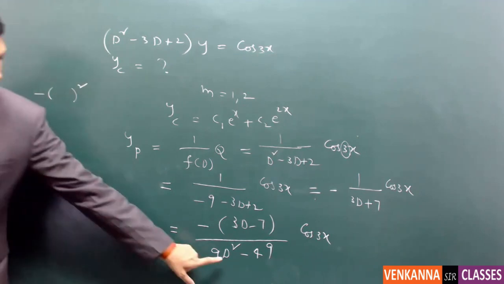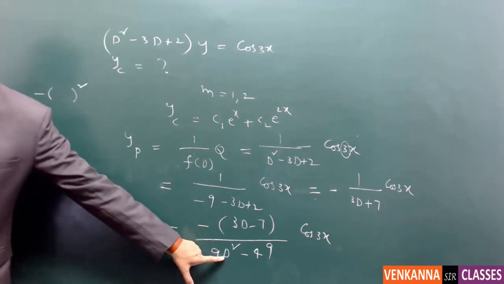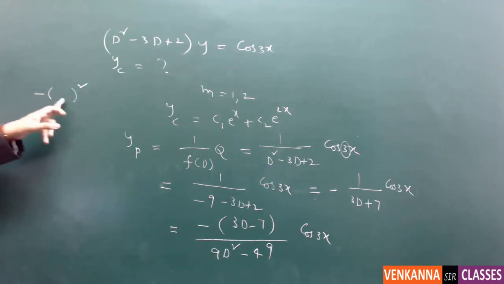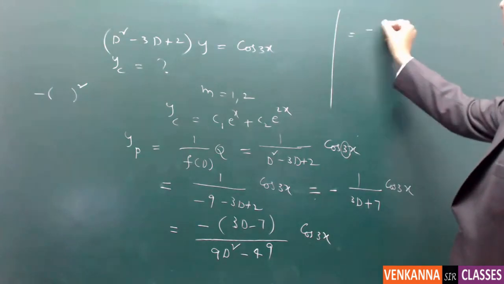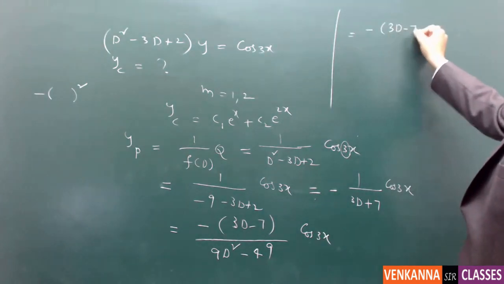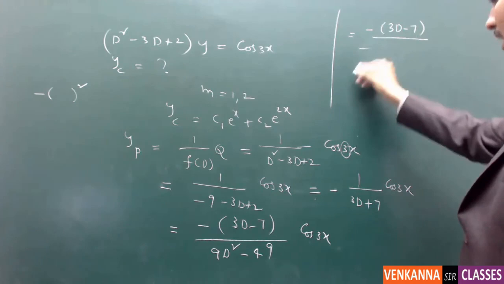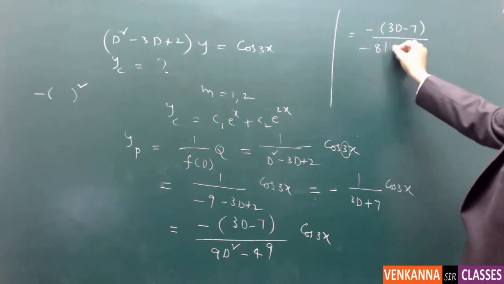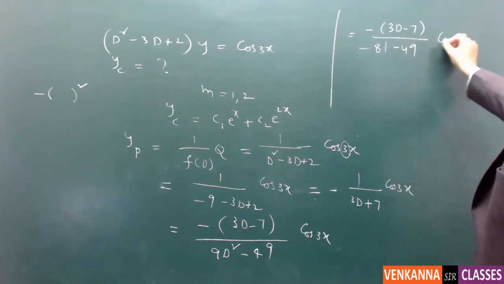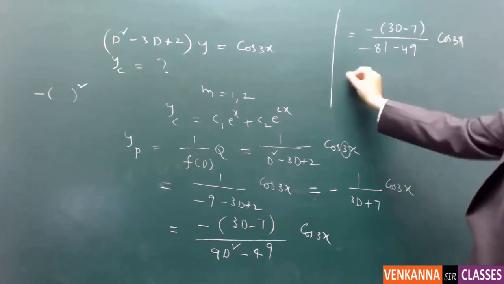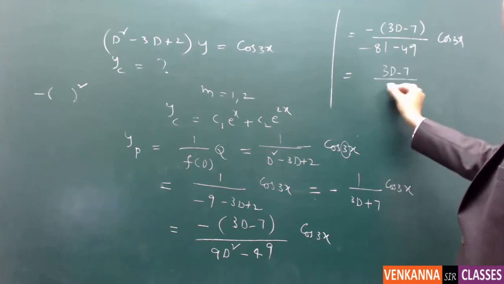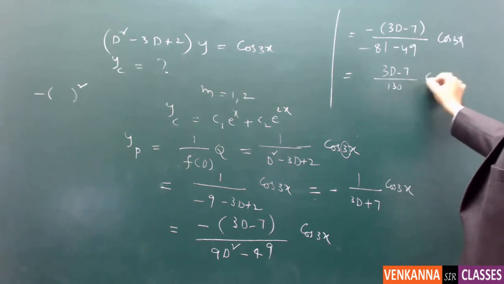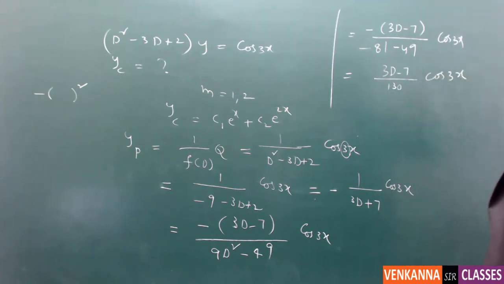Again, D square will be replaced by minus number whole square. So it will be minus of (3D minus 7) by (minus 81 minus 49) cos 3x. So minus gets cancelled, (3D minus 7) by 130 into cos 3x.